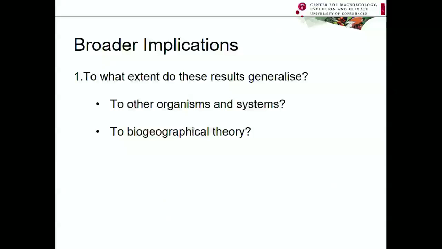And does this generalize to terrestrial systems where passive dispersal could take place? And it could be relevant also to biogeographical theory, such as island biogeography, the position of islands relative to prevailing ocean currents and winds could have significant impacts on the immigration rate.